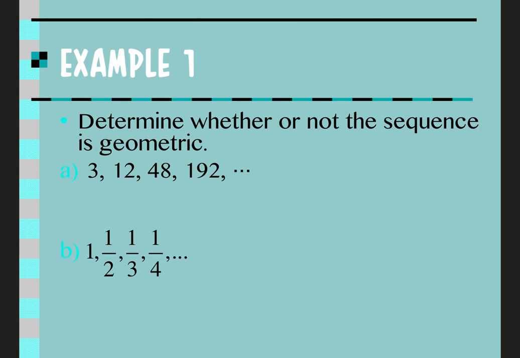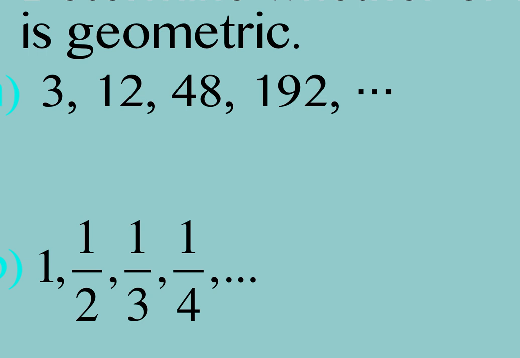So look at A. I'm going to take the second term and divide it by the first. So 12 divided by 3, 48 divided by 12, and 192 divided by 48. What's 12 divided by 3? 4. What's 48 divided by 12? 4.